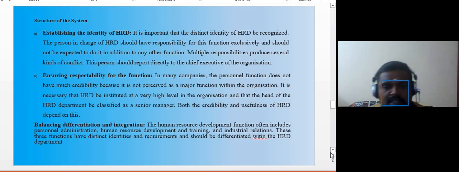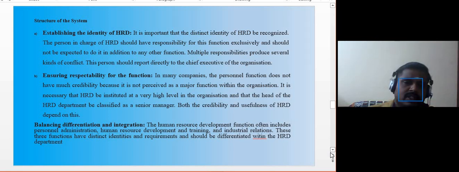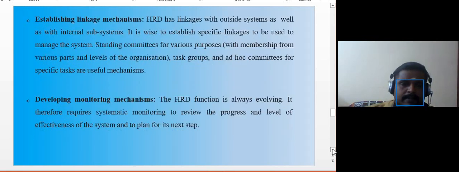And balancing the differentiation and integration in the development functions often includes personnel administration, human resource development and training, and industrial relations. These three functions have distinct identities or requirements and should be differentiated within the human resource development department. And establishing linkage mechanisms.